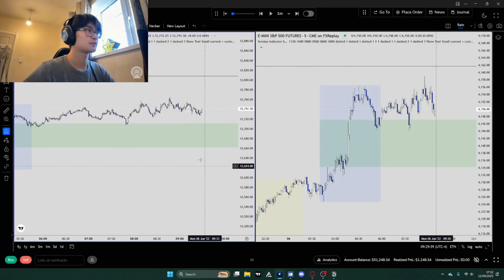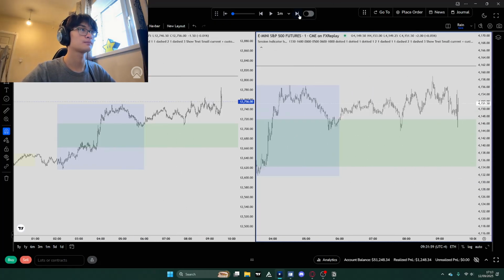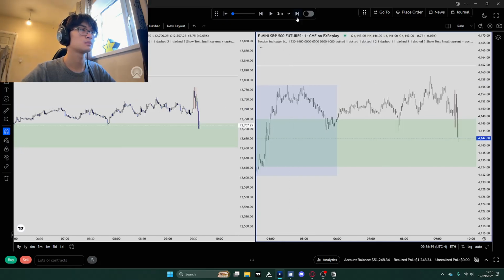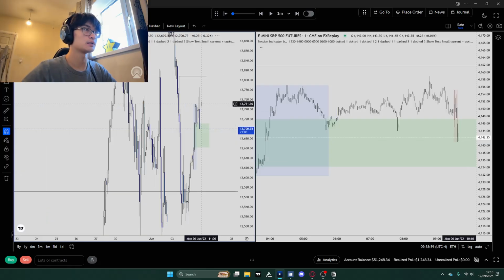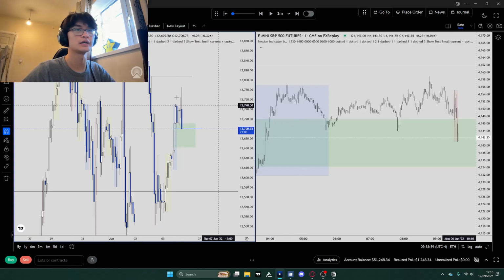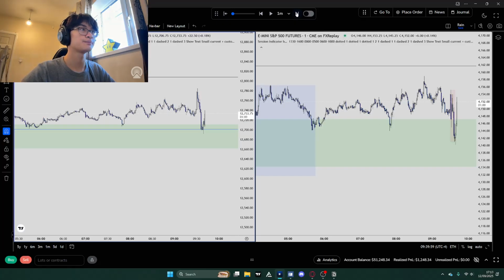Okay, so let's see what happens now. So nice, we do get that dump. Let's see this probably be the range. We do hit that range. So I'm gonna keep playing the chart here.